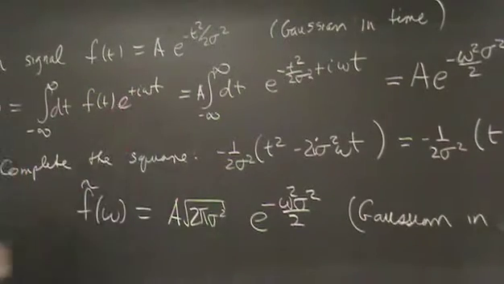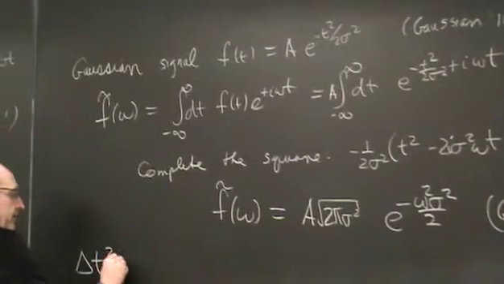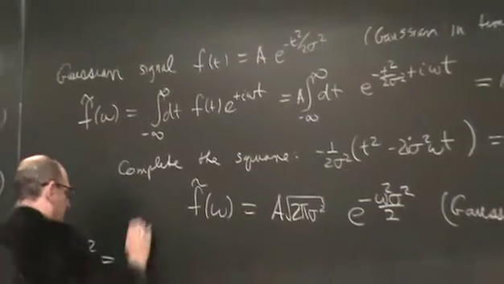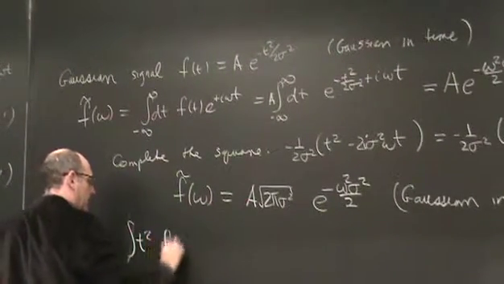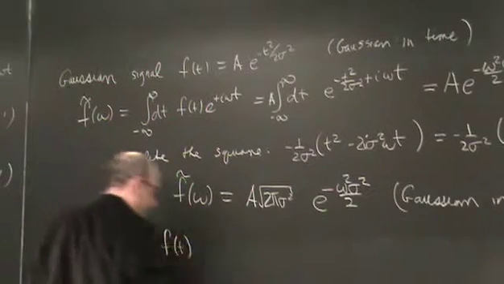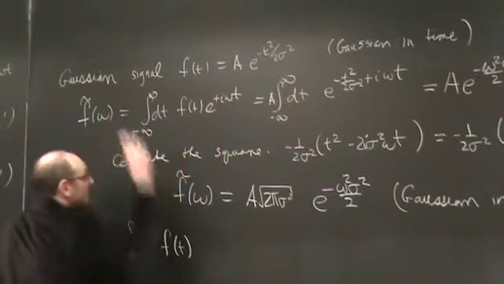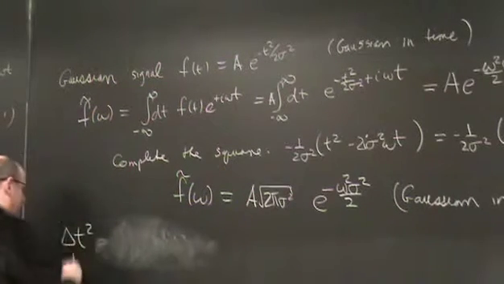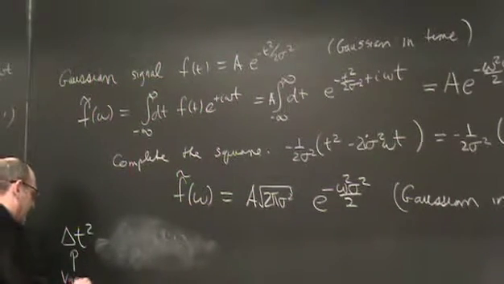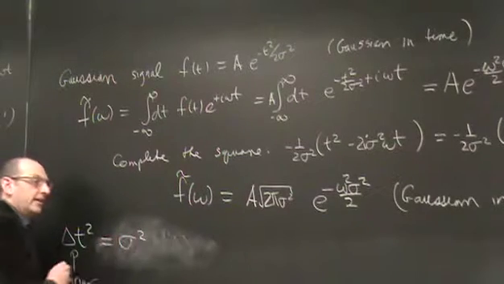Well, I have to normalize it, and that's not normalized. But in this case, the variance of the function was sigma squared.